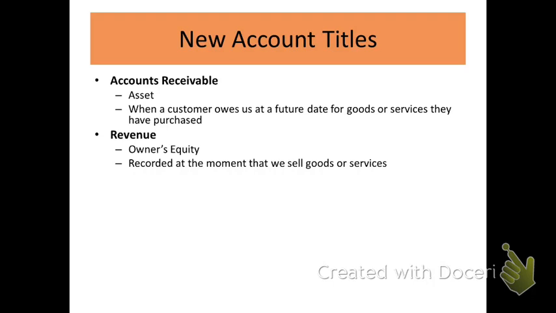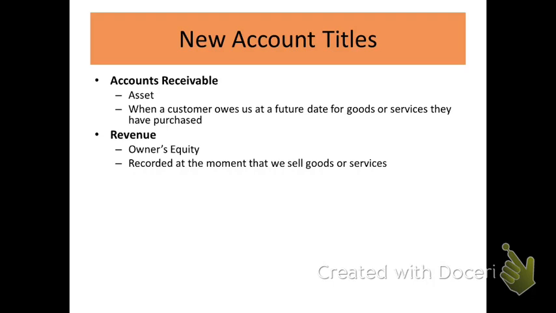Revenue. Revenue is also a form of owner's equity. It is recorded at the moment we sell goods or services. And this will happen in two ways. We might receive cash from a customer for revenue, or we might provide them the goods or services today, but they're going to pay us later. So we might have sold services on account.